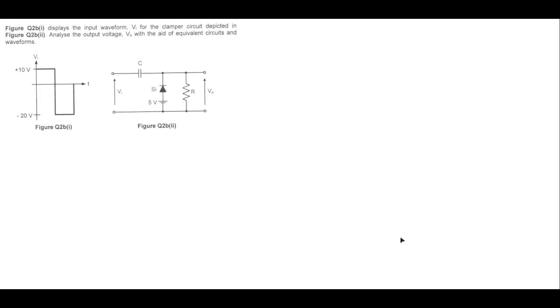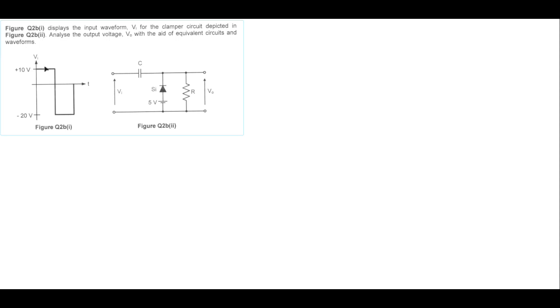So as we know, the function of the clamper is to clamp or shift a signal to a different DC level, right? If the input waveform is like this, then at the output side the waveform will be shifted either up or down, depending on the type of clamper that you use, either negative clamper or positive clamper.